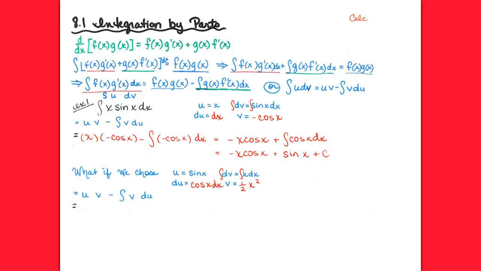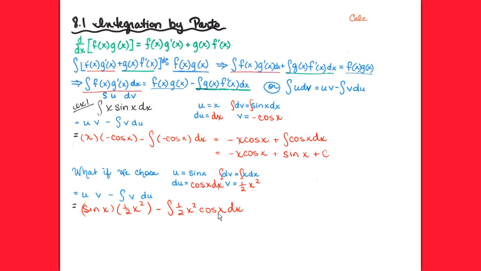So now I have all the pieces that I need to follow my formula. So if I come down and follow my formula, u was equal to sine, v was 1/2 x squared, minus the integration of v, which is 1/2 x squared, du was cosine x dx. All right, now hang on for just a second.